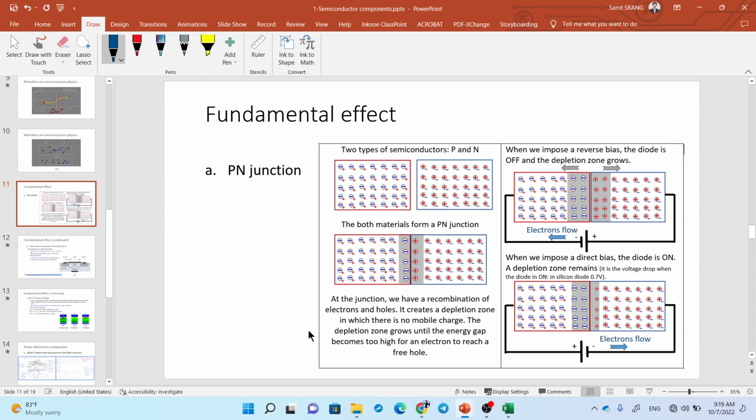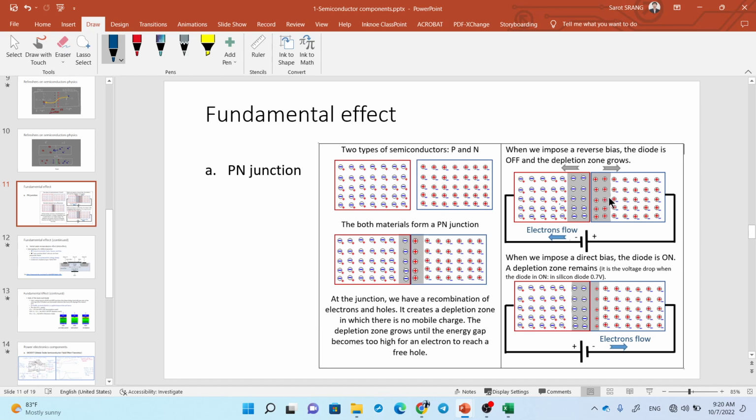Then when you have this junction and you apply a voltage source with a certain polarity, for example, in the first case, you connect the negative polarity of the battery to the P type, then the accumulation of negative charge here grows even more, and the positive charge forms here even more.